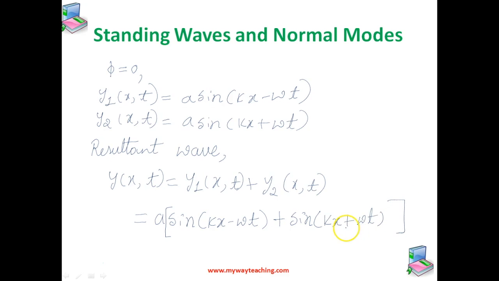the resultant wave. So using the trigonometric identity that we already know, that is sin(a + b) + sin(a - b) is equal to 2 sin a cos b.